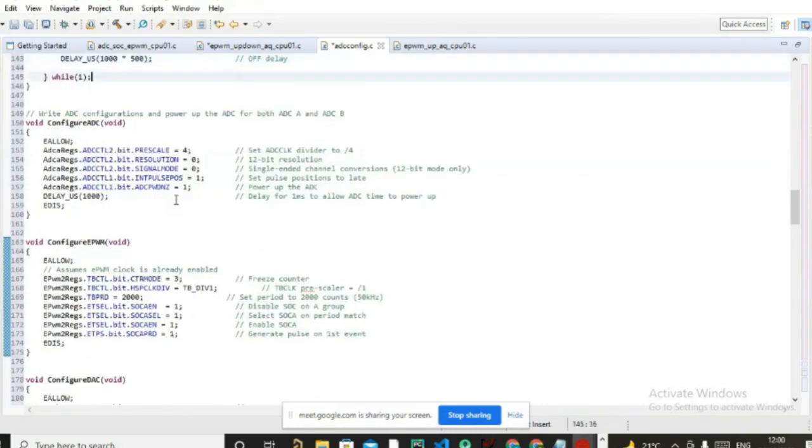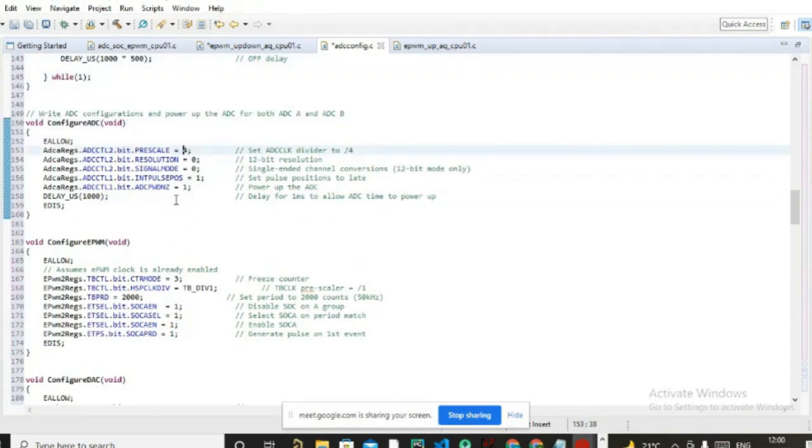So from here you can see this prescale is there in order to select your ADC clock frequency, like main ADC operation. As I told you, EPWM also operates on its main clock, like 100 megahertz. Similarly, your ADC also has some clock frequency, as it is also an independent peripheral.